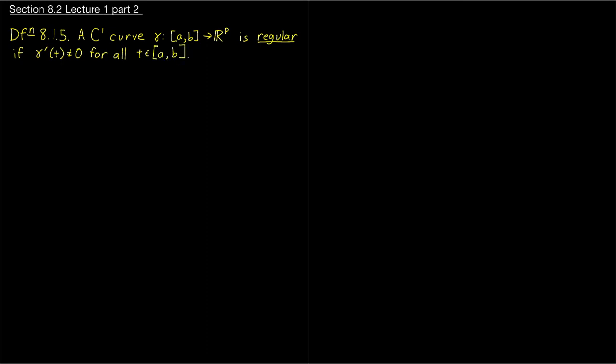And that would completely disallow any sort of corners. Because at a corner, either the derivative doesn't exist or the derivative exists. We can make the derivative exist at a corner, but it's got to be 0.